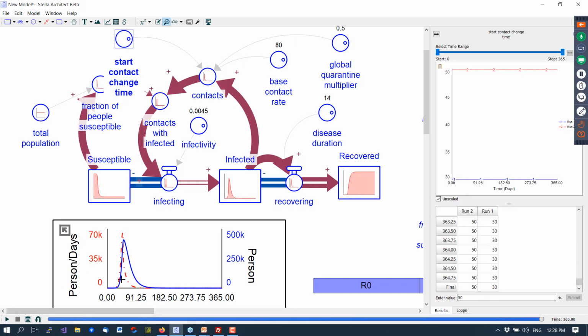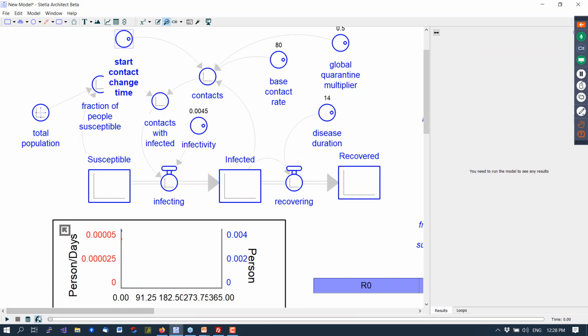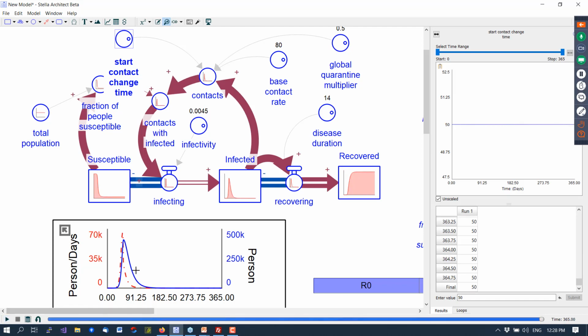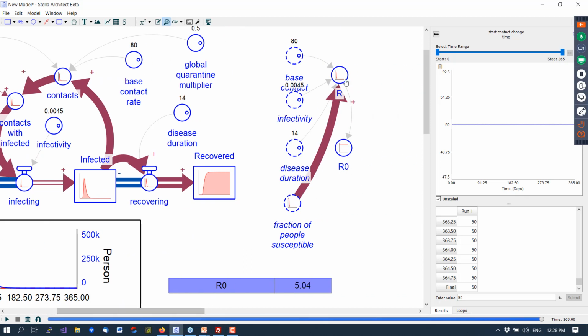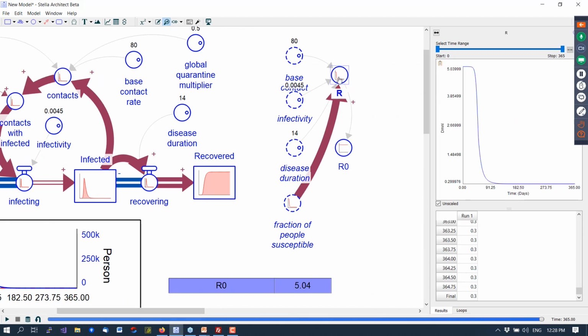And you can see what happens then is, let me do restore all. That at time 50, we get an immediate reduction in infecting, and the number of infections goes down. And if we look at the behavior of our R variable, oh, I use the base contact rate in this one, not the real contact rate.